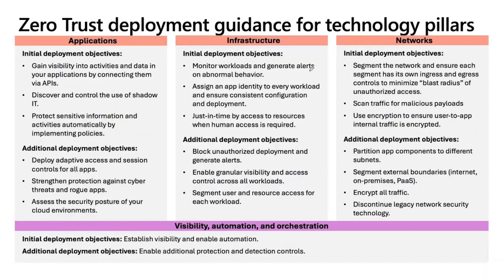So when we talk about application in the Zero Trust Deployment Guide, in this technology pillar, the initial deployment objective should be gaining visibility into activities and data in your application, how the application is being used, how the application is deployed. So you should have monitoring and analytics for that application, including shadow IT.